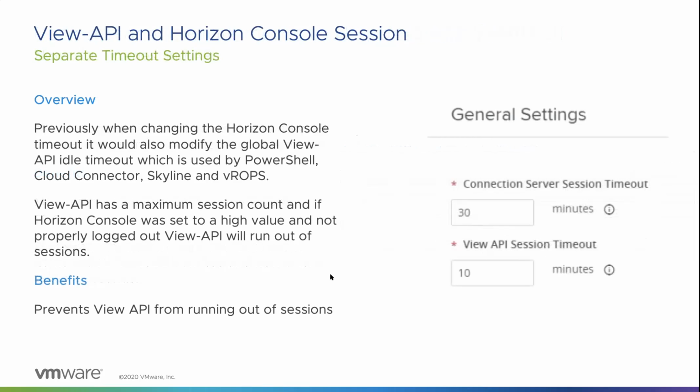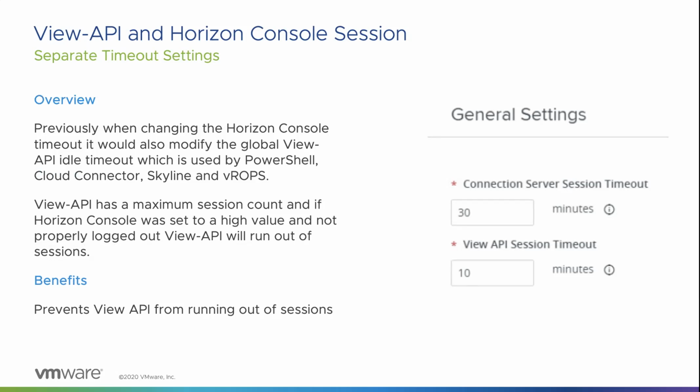So this was an interesting feature as well. So separating the View API and the Horizon console session setting. So typically, first thing I would do, just like probably most of you, getting into a new connection server, I would pump up that connection server timeout to maybe 600 minutes. And what would happen is that connection server timeout was shared by the View API as well. So the View API session timeout would be 600 minutes.